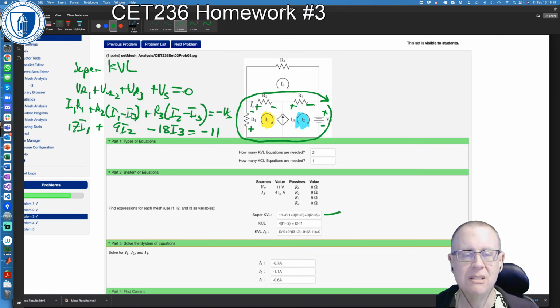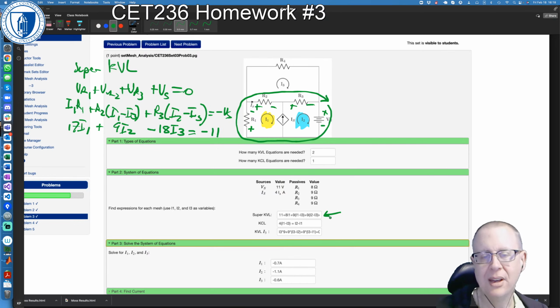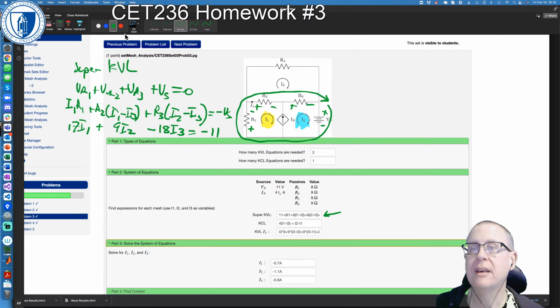But I just left it in the everything on one side, 0 on the other version. So that gets the super KVL.